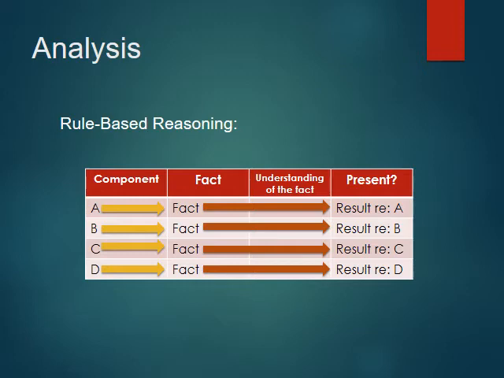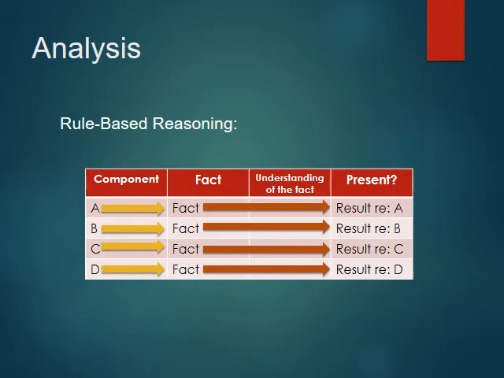So, I've identified already the rule that will be applied to address the issue implicated by the facts of the question. You then have to go through each element of the rule to determine whether or not that element is present. To do so, you have to be able to recite that element with clarity.